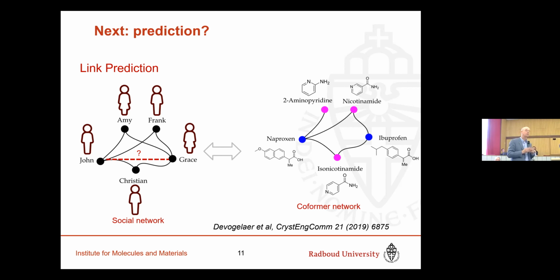So actually those will not be linked, but you can ask the question whether this is a likely connection. And of course, the more co-formers they have in common, the more likely this is. So this is put in a formalism, you get a score, and this is how you can do link prediction. You can look at missing links by looking at the local environment.